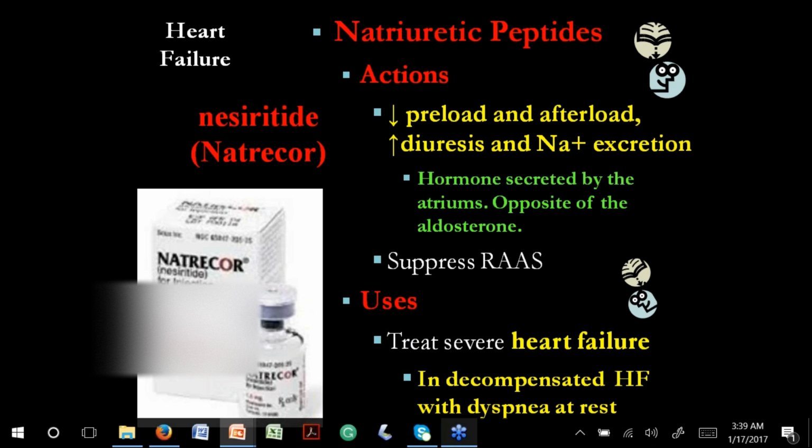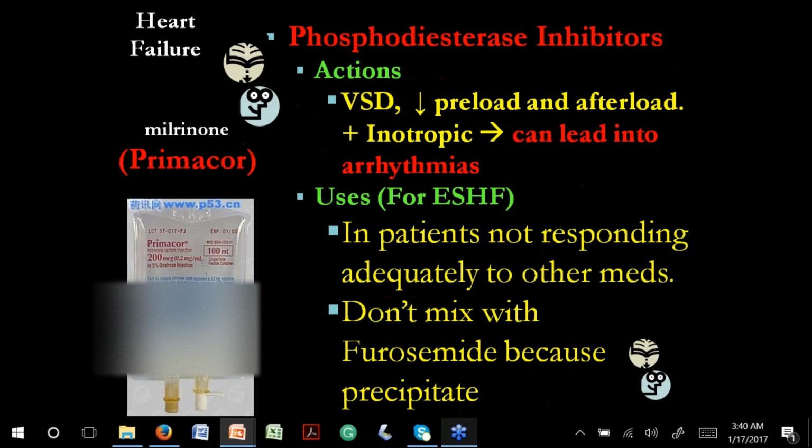Who is producing that are the atriums of the heart. When the heart is distended, with too much fluid in the atriums, that triggers the release of the natriuretic peptide from the atriums and produces the elimination of water. So that is going to be used for heart failure.